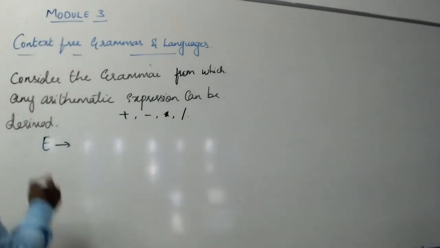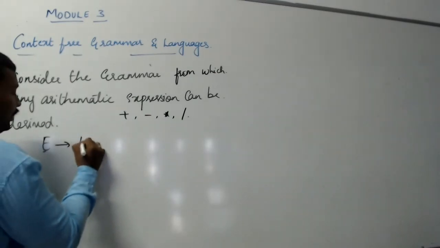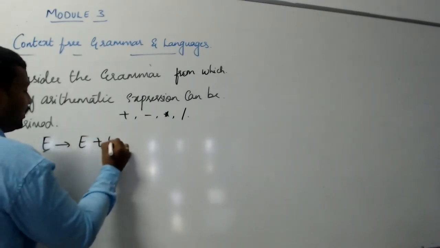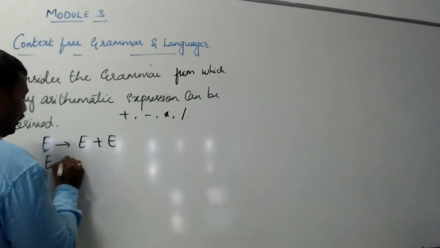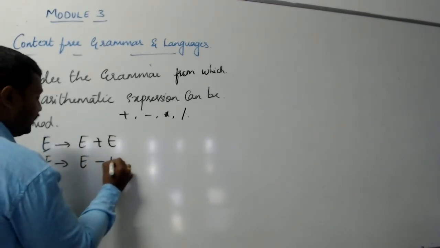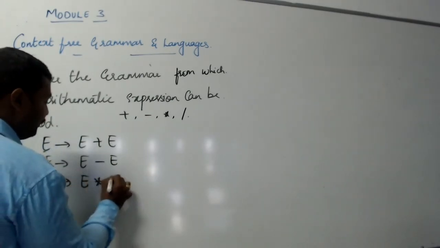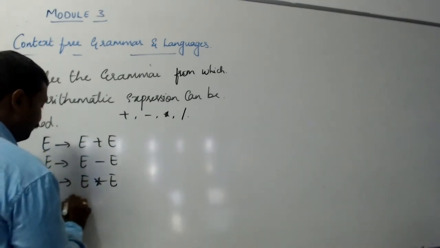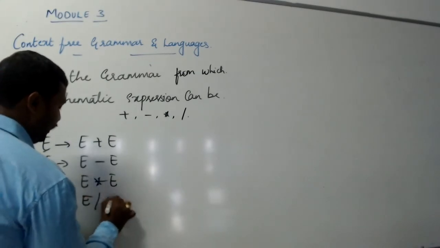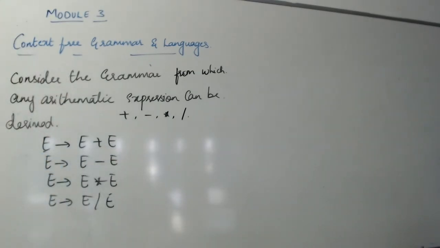So E is a non-terminal. E can be E plus E, E can be E minus E, E can be E star E, and E can be E divided by E. Right? So all these things are non-terminals, right?